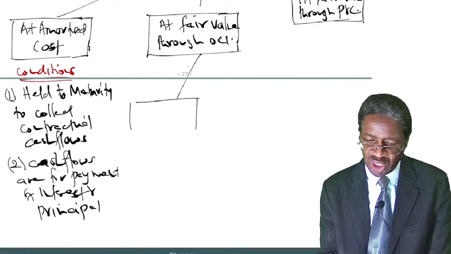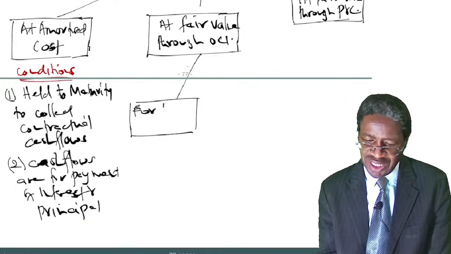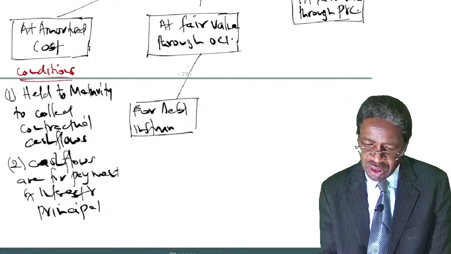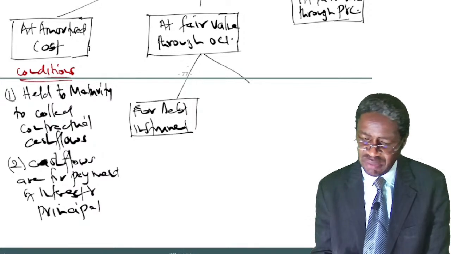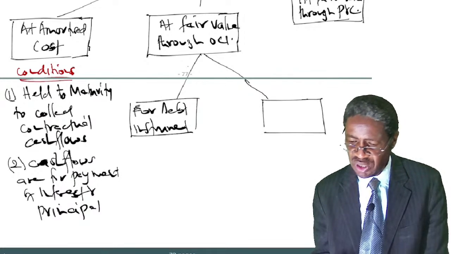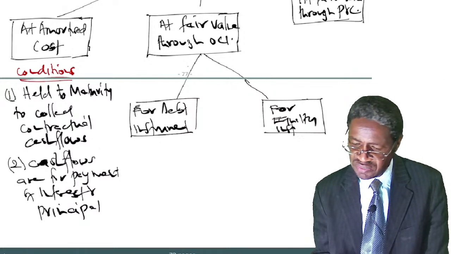One is what we call for debt instrument, and number two is what we call for equity instrument.